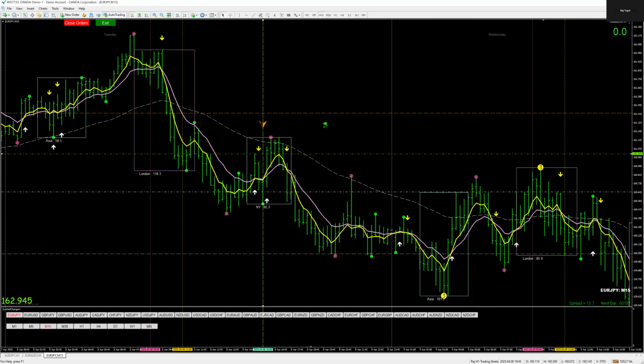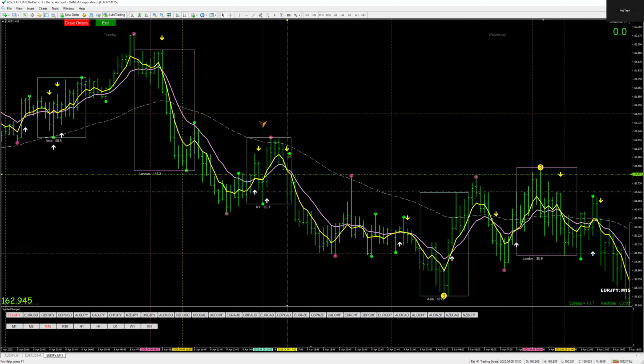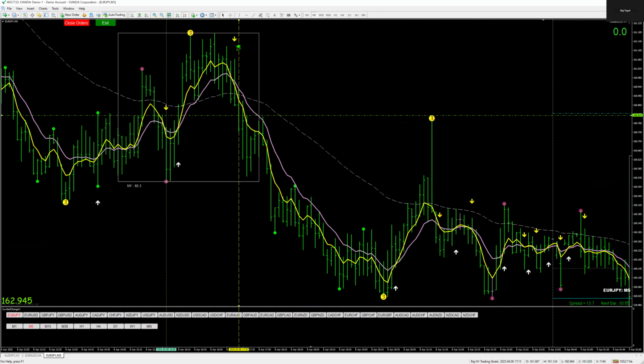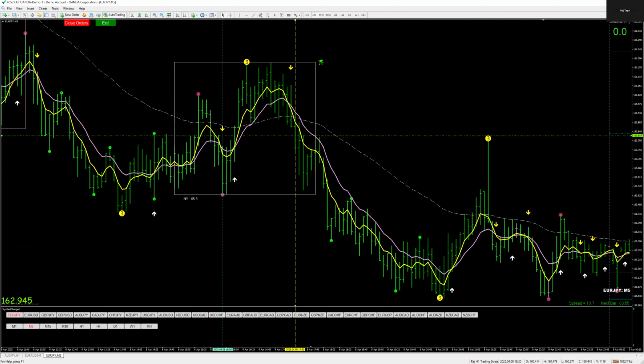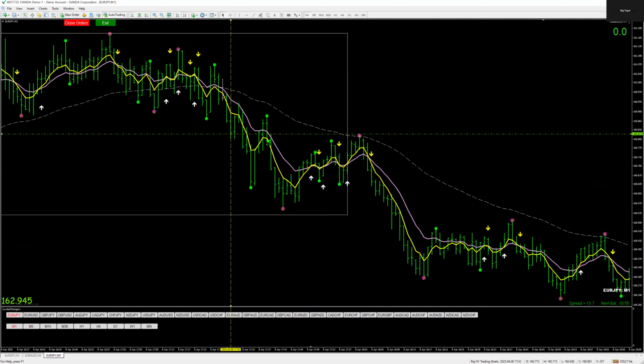So, excuse me. This is where we get our fresh cross. And now we need to refine our trade. 5 minute has already happened. What is the 1 minute showing us? And the 1 minute is not showing anything, right? So no clarity here. This is the clarity, first piece of clarity.